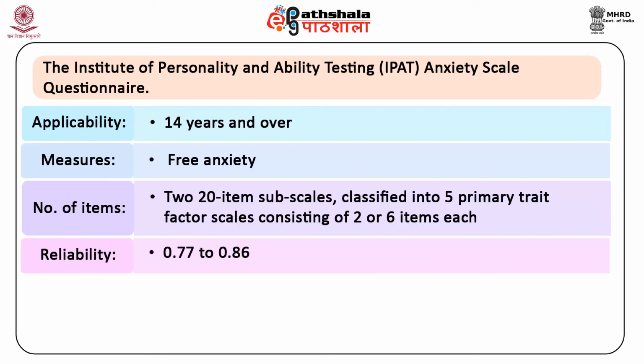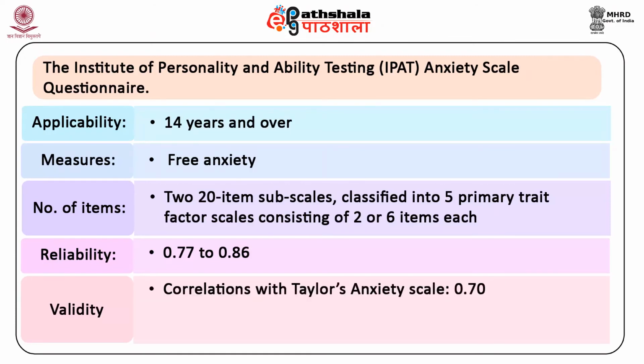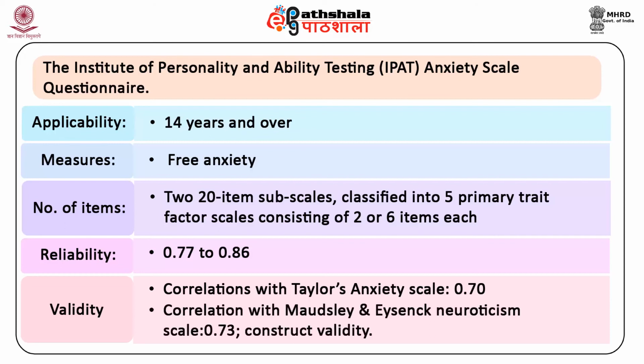Reliability 0.77 to 0.86. Validity correlations with Taylor's anxiety scale 0.70, with Maudsley and Eysenck neuroticism scale 0.73.